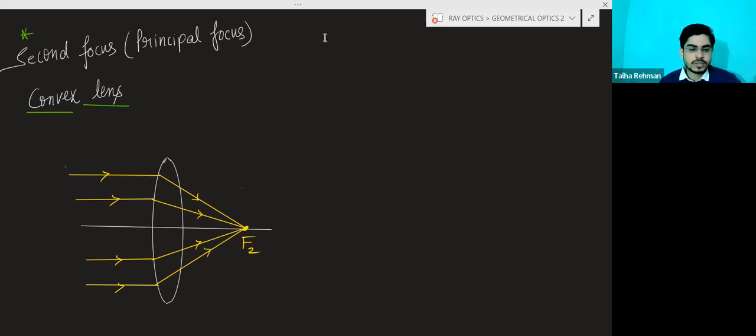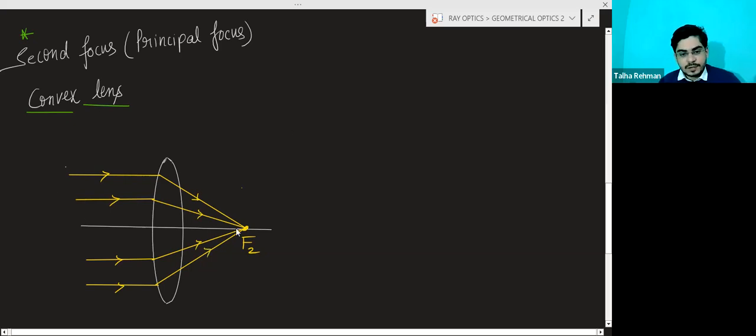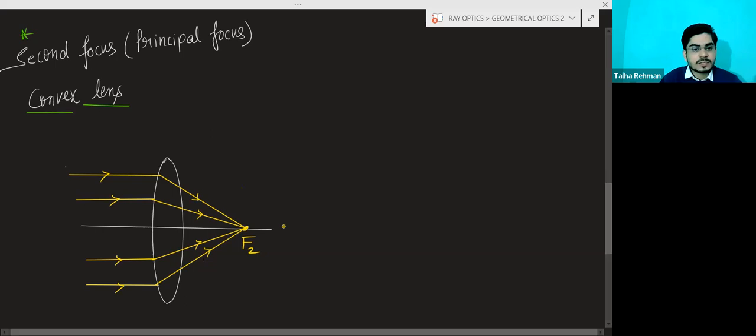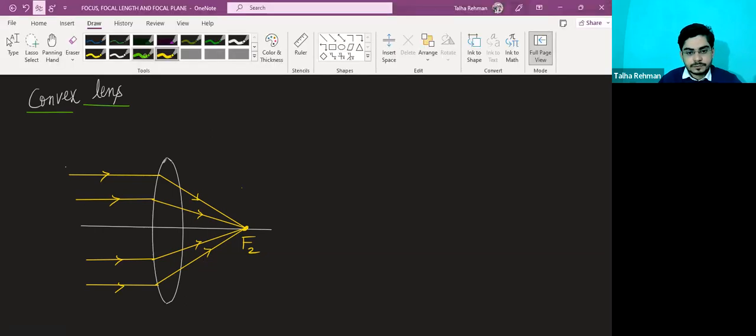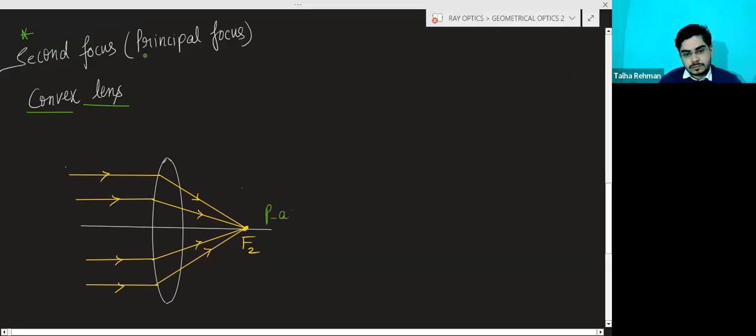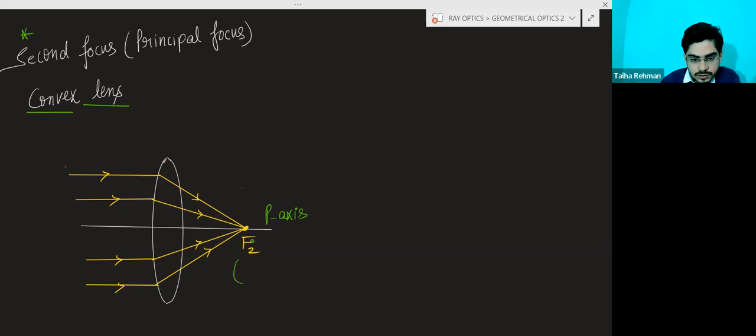What I want to say is that if rays are parallel to the principal axis, this is the principal axis, after passing through the lens they meet at a common point, and that common point is known as the principal focus or the second focus.